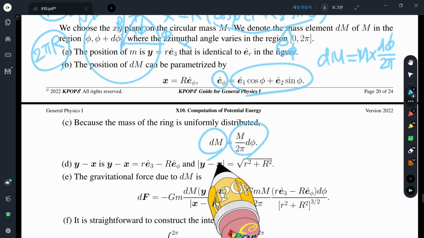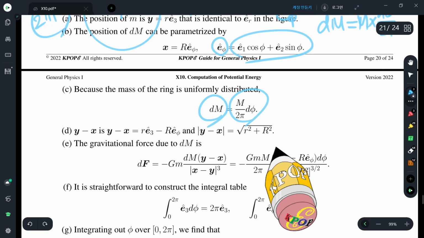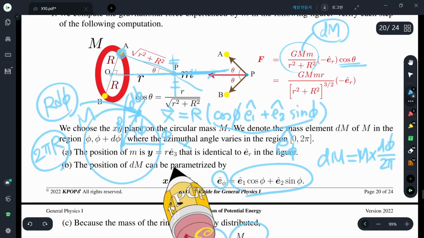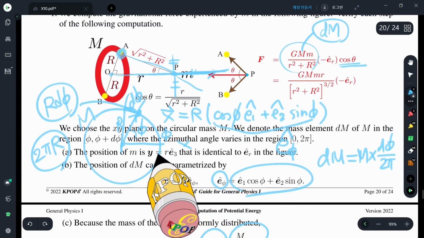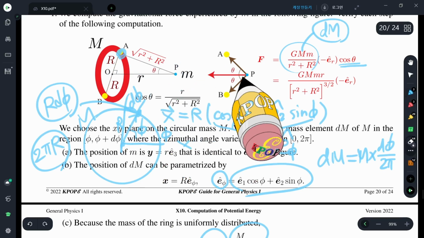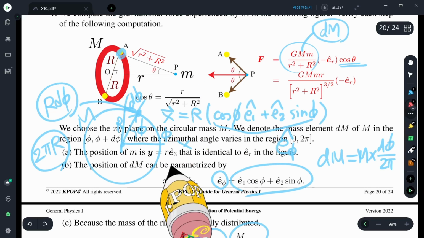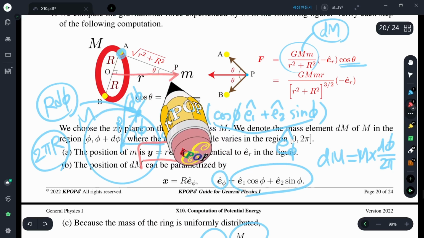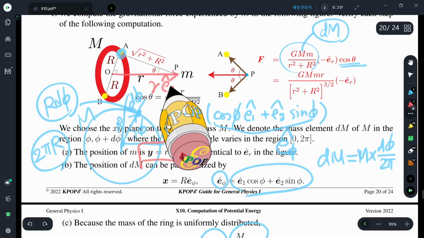So, and y minus x, what is y minus x? Okay. This one, r e3 hat.